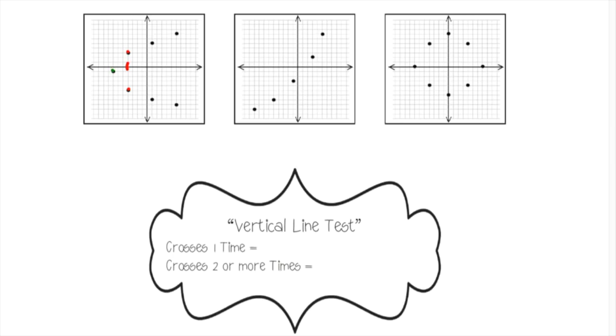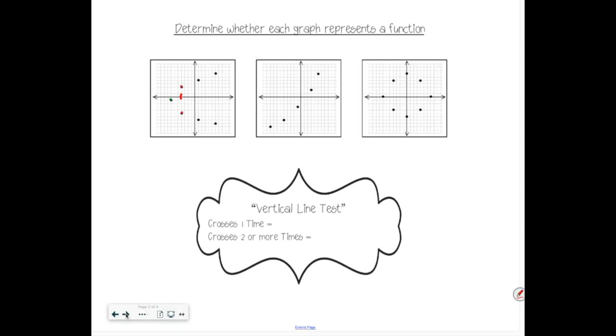And we just talked about how you can't have that. So this brings in a test. If you see this bubble at the bottom, it says the vertical line test. It says if it crosses 1 time, that's a function. If it crosses 2 or more times, it's not a function. And I'm going to show you what that means.